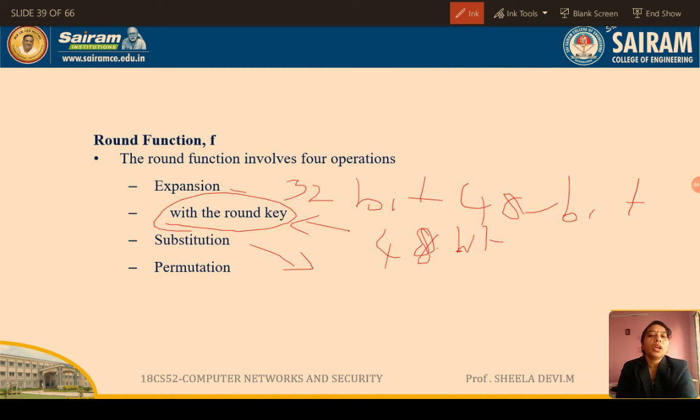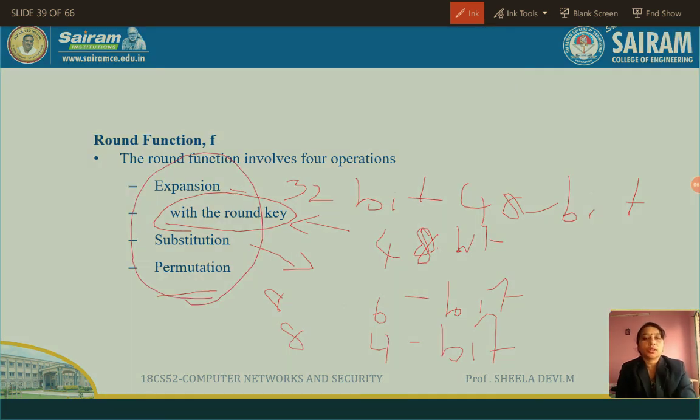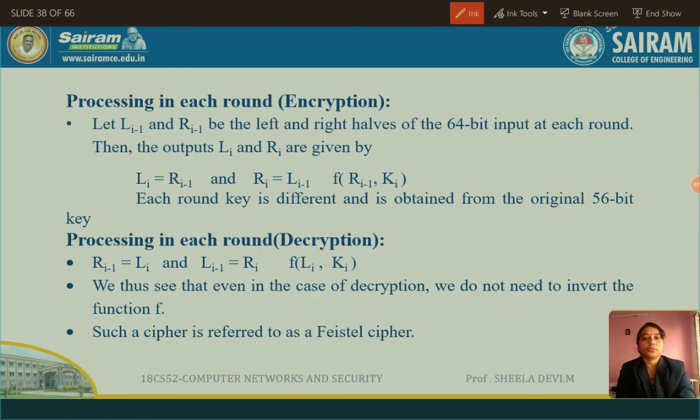So we'll get the output after the substitution, which is 32 bit, and again it will go to the permutation process, that is rearrangement of the bits. The columns and the rows will be shifted, then we'll get this permutation, a mix of rows and columns. Okay, so these are the four operations that are done in the function which we showed in the above diagram.